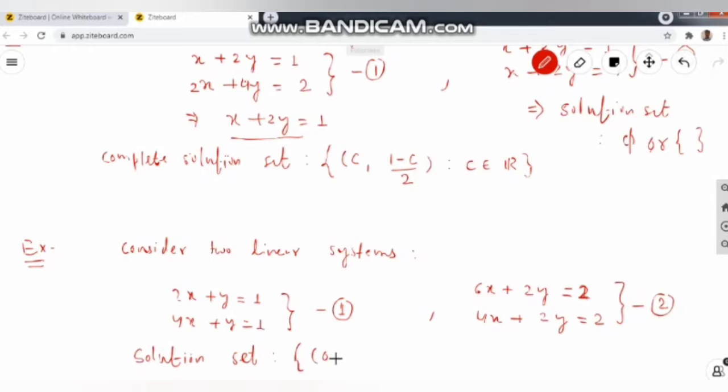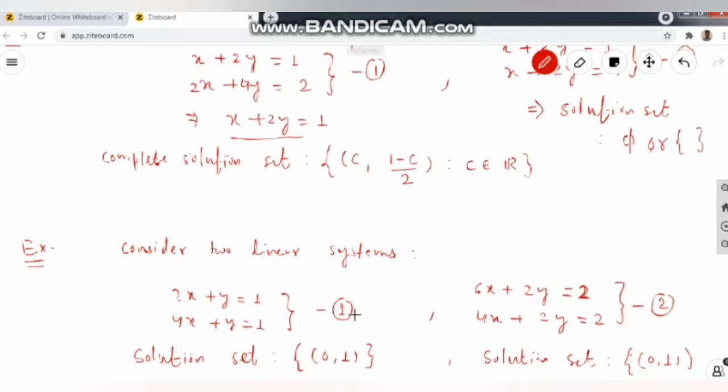And you can see the solution set for the second system is also (0, 1). That means only one solution.